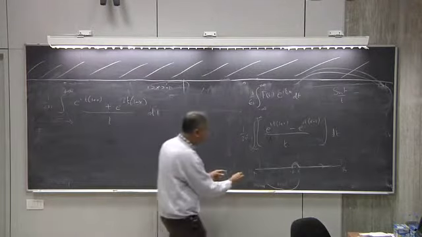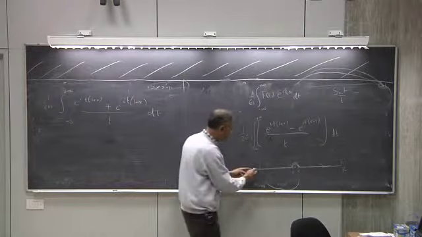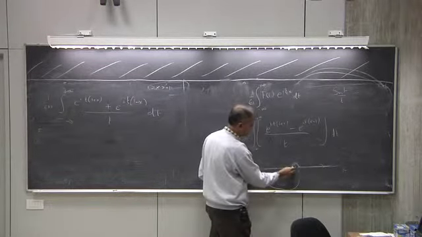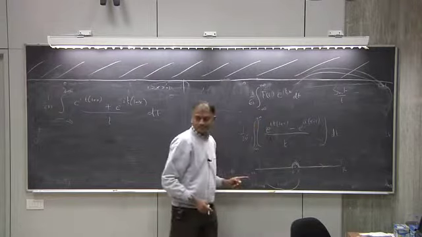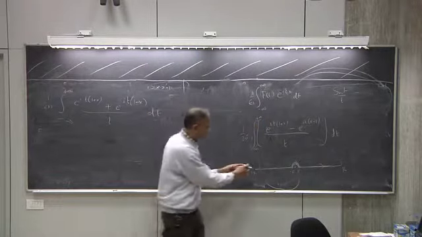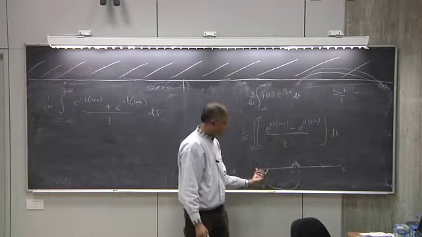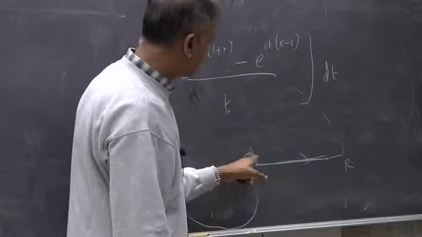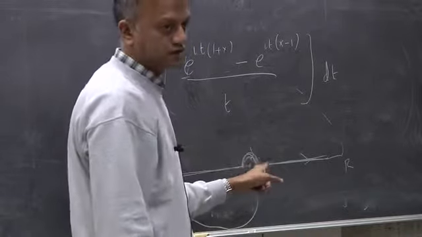But on the other hand, this part of the integral doesn't contribute. So what this is saying is that this integral plus that integral should be equal to minus of this integral, right? Because this integral plus that integral is 0. Minus of that integral, I mean, this is clockwise, so it makes it counterclockwise.